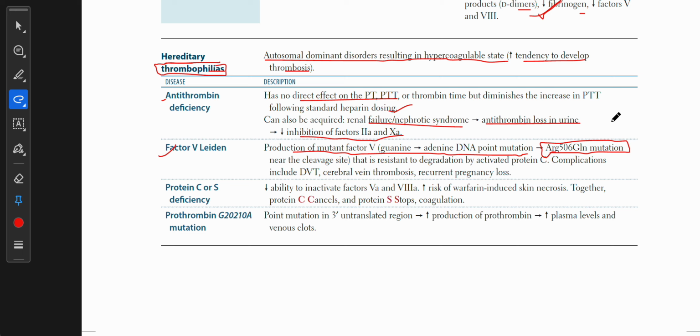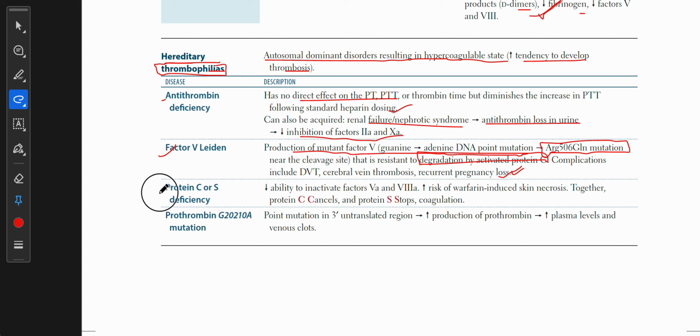That is how we remember that it is an example of a DNA point mutation, and that it is resistant to degradation by activated protein C. So this coagulation factor is resistant to degradation. The complications include DVT, which is deep venous thrombosis, cerebral vein thrombosis, and also recurrent pregnancy loss, right?